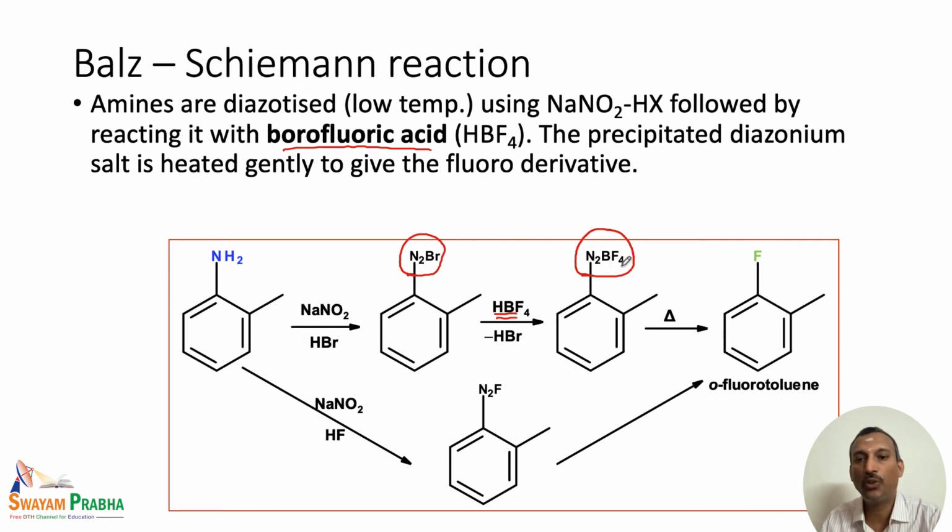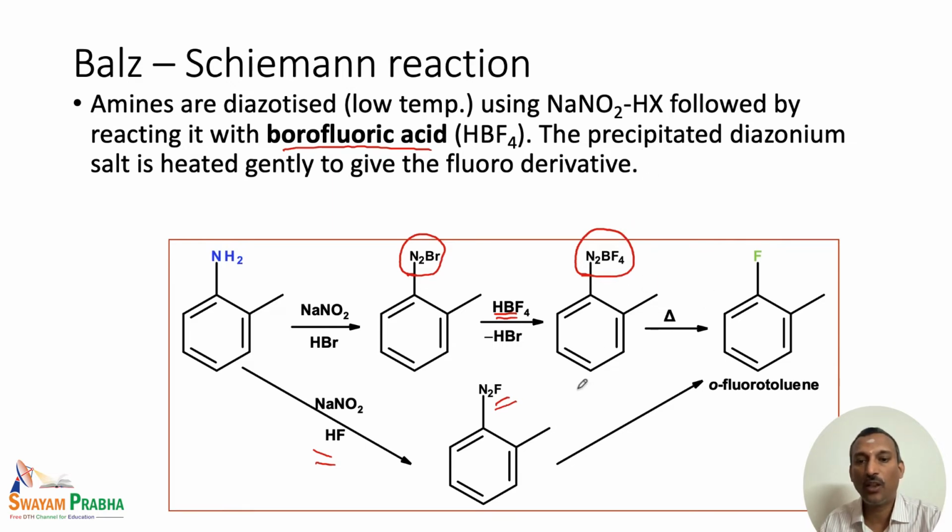This is the most important one. On heating, this fluoroborate produces the corresponding fluoro derivative. We can also use sodium nitrite and HF in combination, which produces the corresponding diazonium fluoride salt, and this can also be converted to the fluoro derivative directly. So these are the two methods by which we can carry out this reaction.